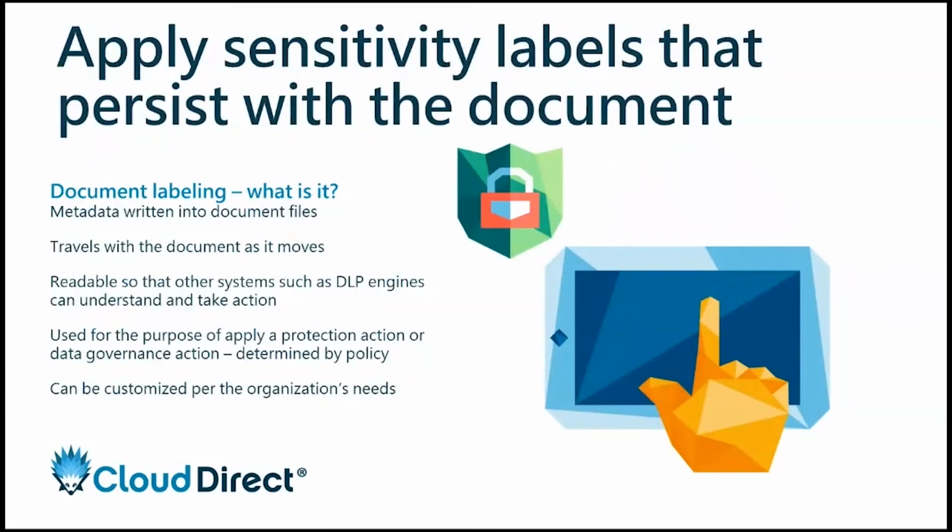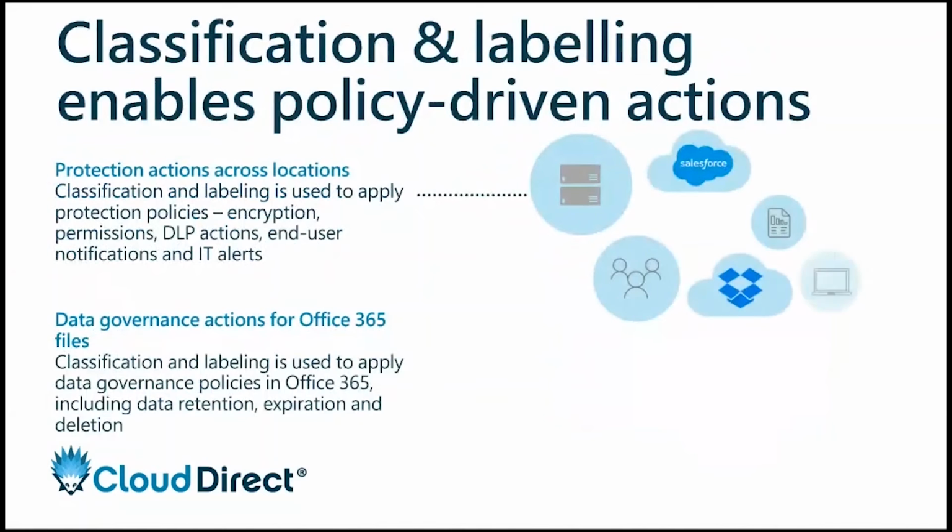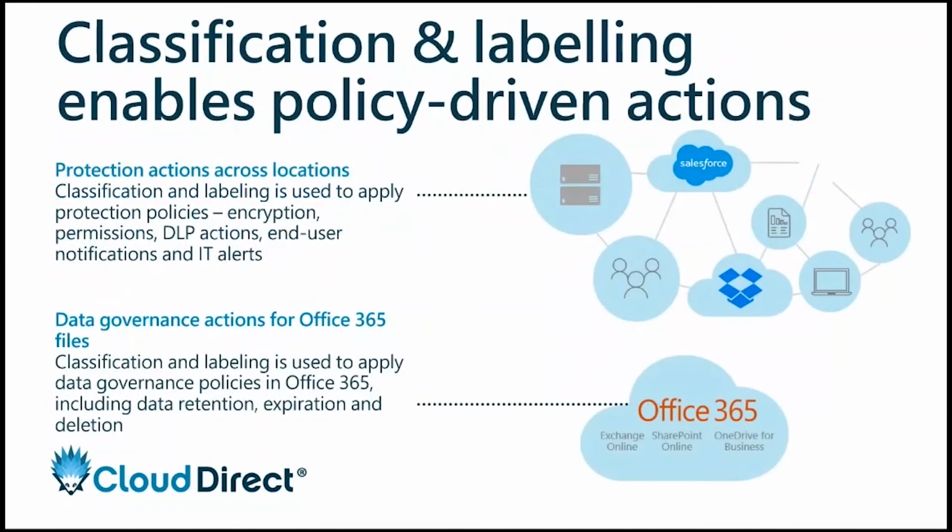So as I mentioned, the labels that you apply to the document stay with it, whether that's a label without encryption or a label with a protection policy assigned. It's all done by metadata written in the document files. It's readable, so other systems such as DLP engines can understand and take action. And these labels can all be customized, etc. So classification and labeling enables policy-driven action.